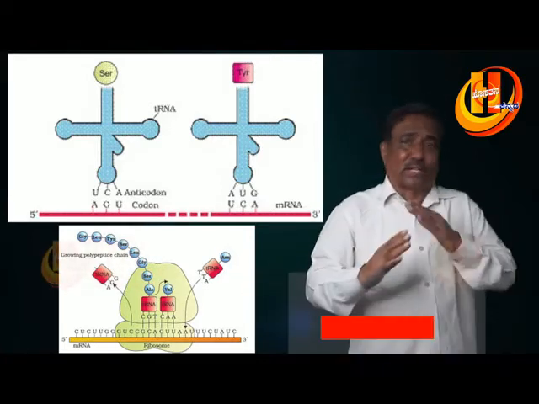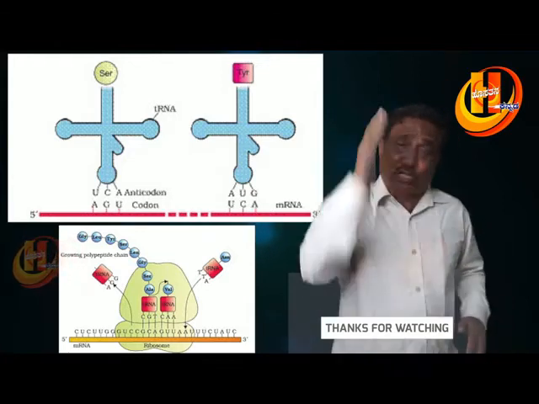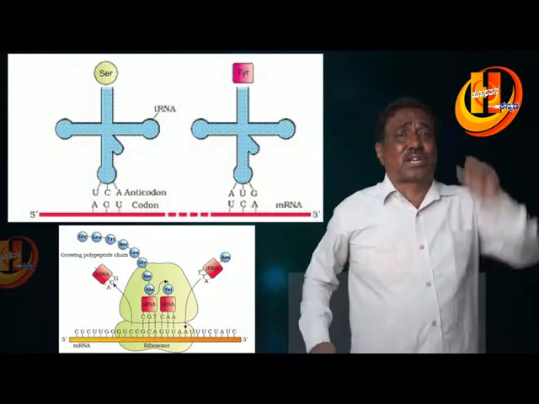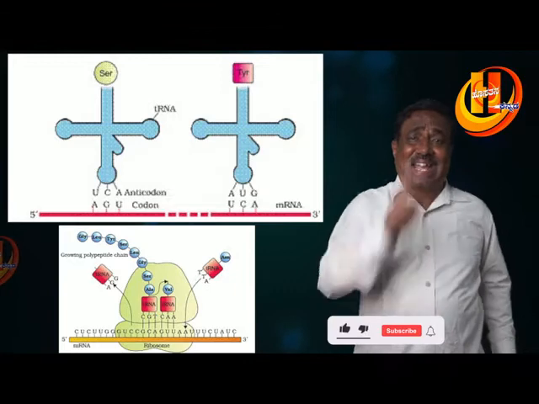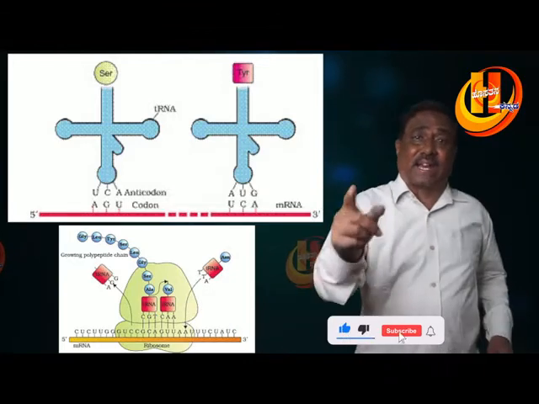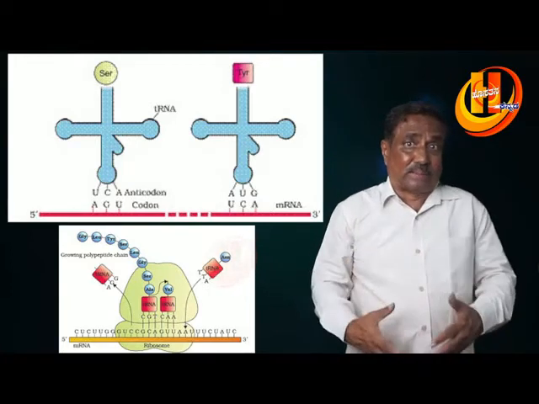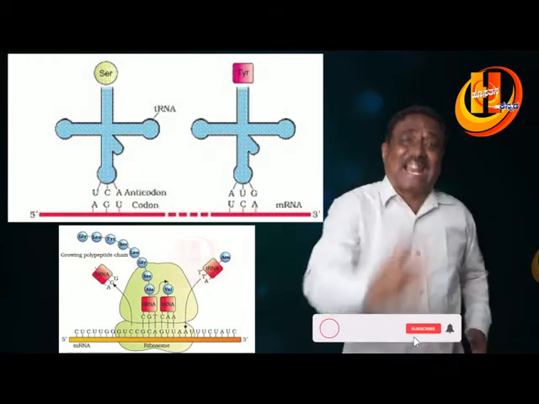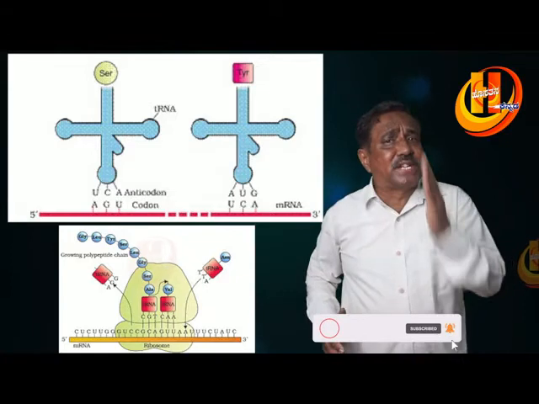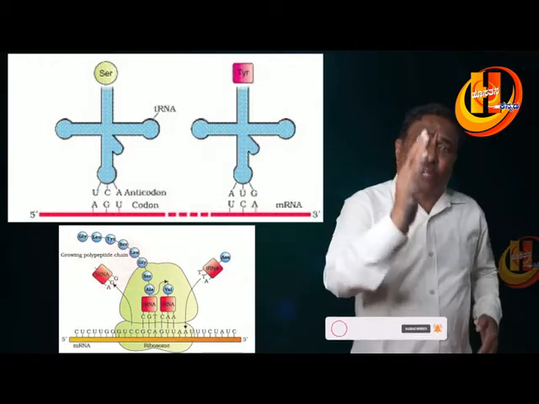This is very important, so far not asked. It is the anticodon of tRNA that recognizes the codon and brings a particular amino acid. So it acts as an adapter molecule, which is very, very important for your NEET examination.